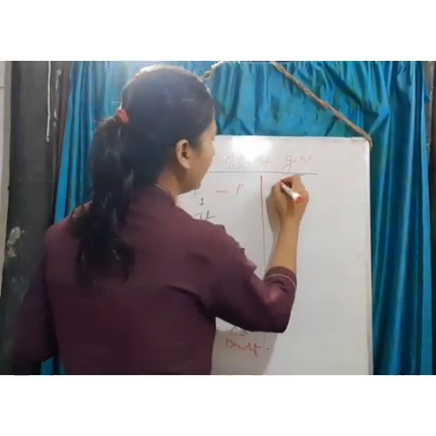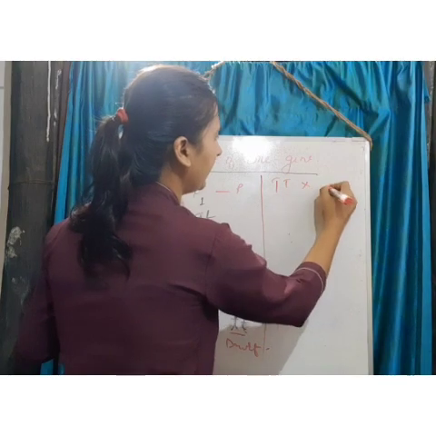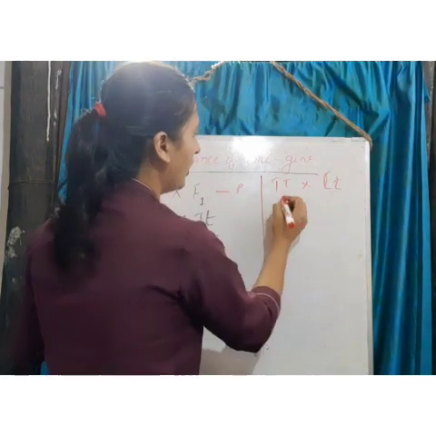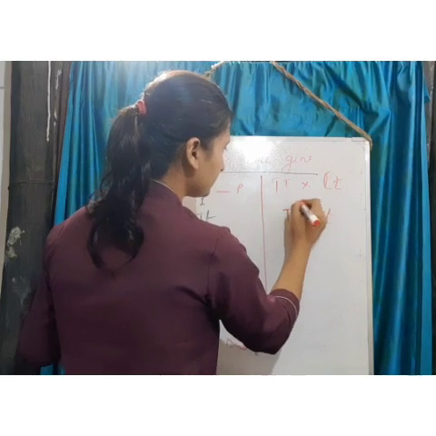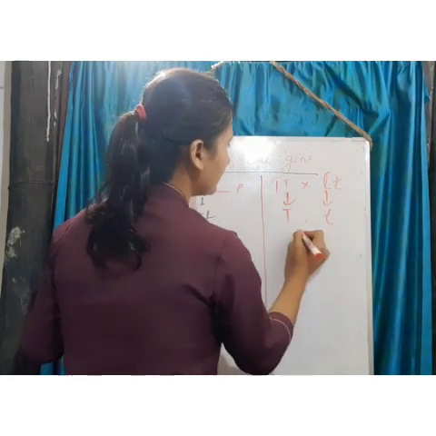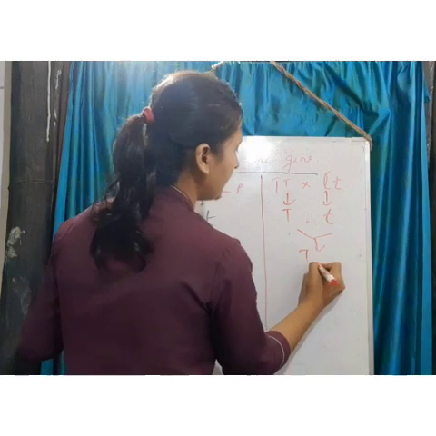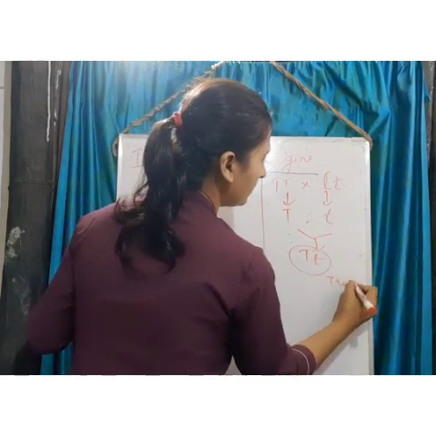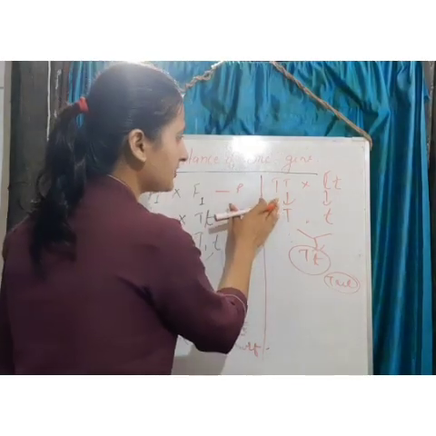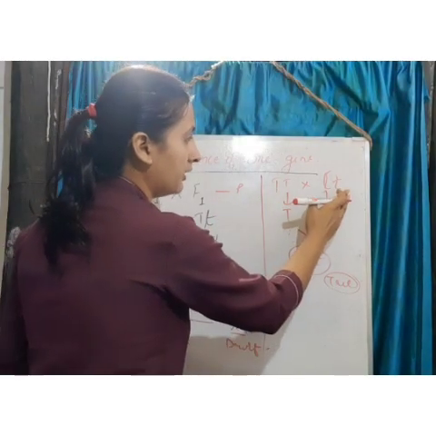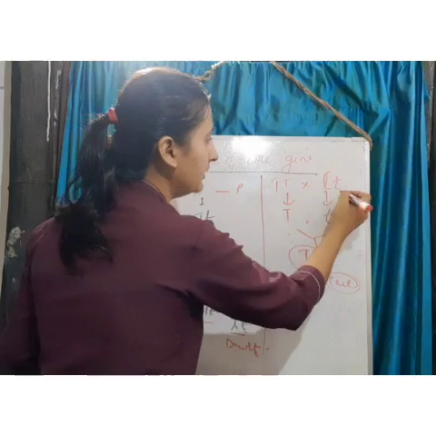First, a tall plant and a dwarf plant were taken in the first set of the experiment, and from here the gametes came, 50% from each parent, and the result obtained is a tall plant. So here 50% is received from the tall and 50% is received from the dwarf plant.